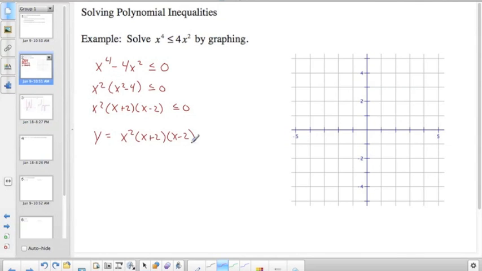So if we think back to graphing polynomials, we know that the roots are x equals 0, x equals negative 2, and x equals 2. So I'm going to plot those. So we have 0, we have negative 2, and we have 2.